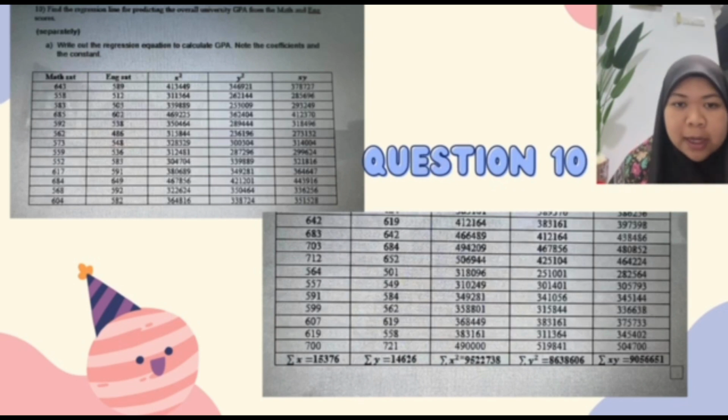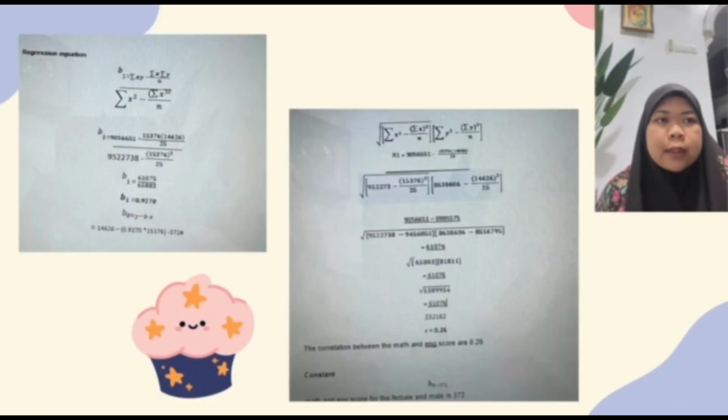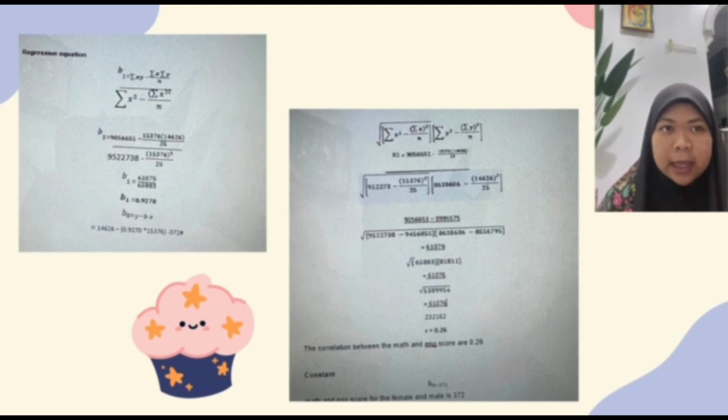For the regression equation, we need the total of xy minus the total of x times y divided by n, over the total of x squared minus the total of x squared divided by n. So we got b1, which is 0.9270.